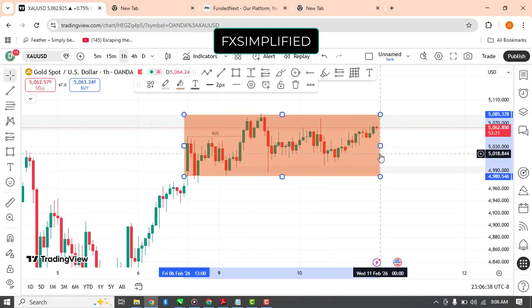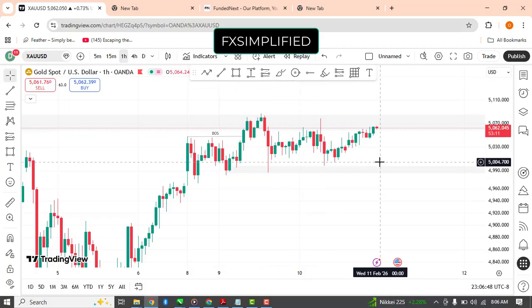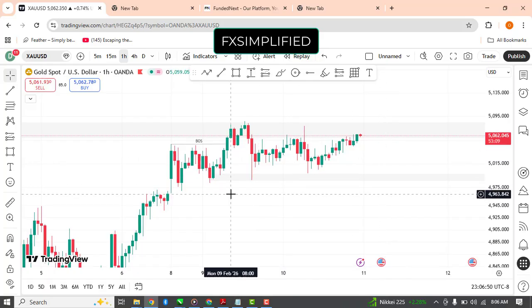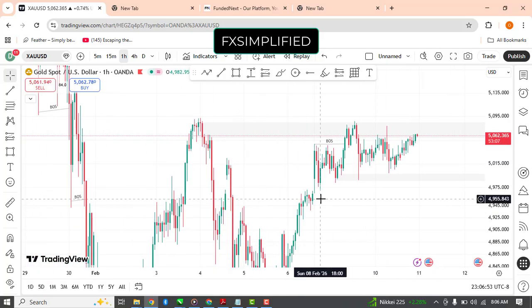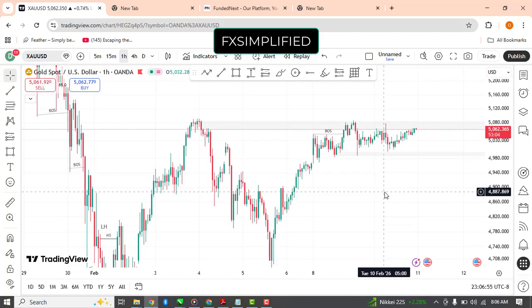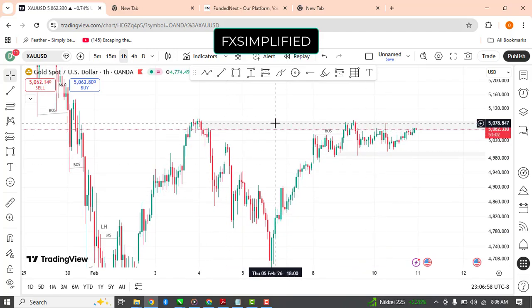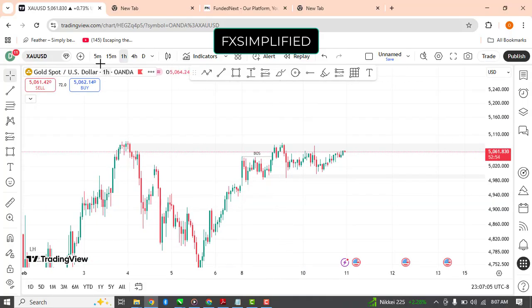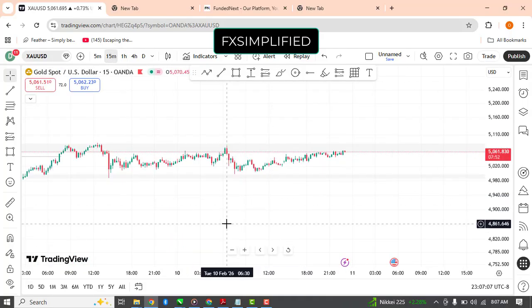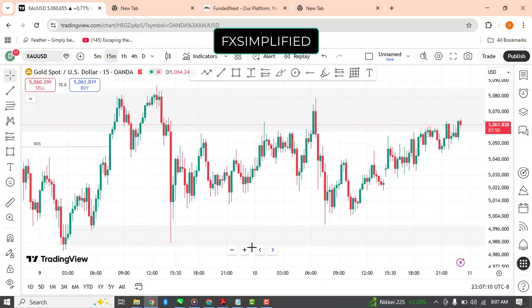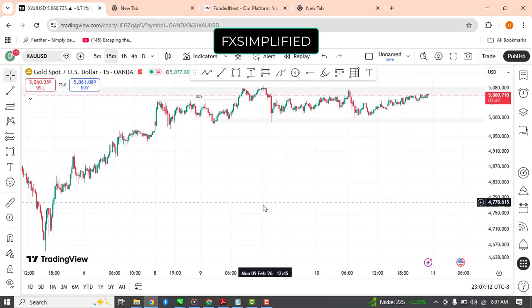But let us go down to 15 minutes. One thing that I want you to see right there is that price is refusing to break through this previous supply zone. Regardless, let us go to the lower time frame to see the structure of price from there.